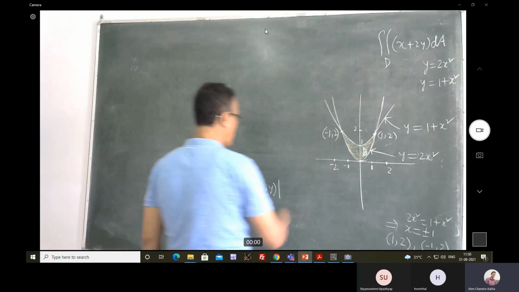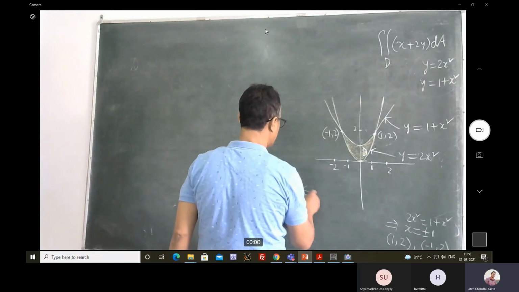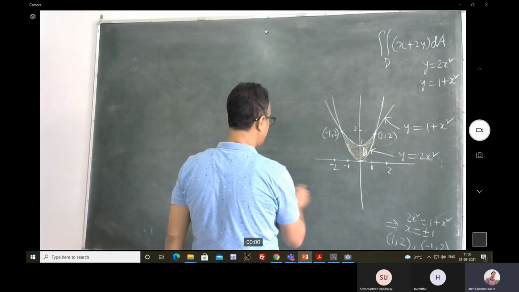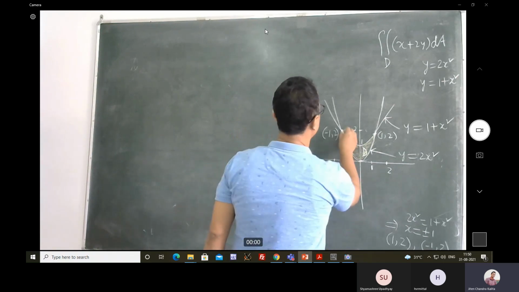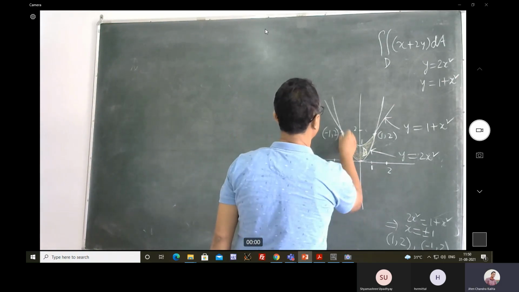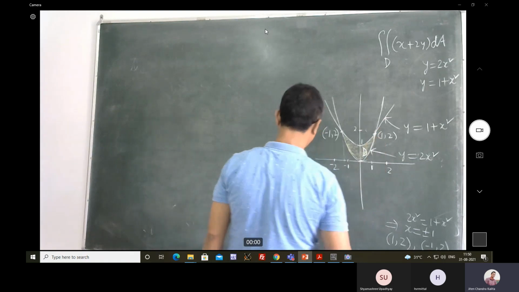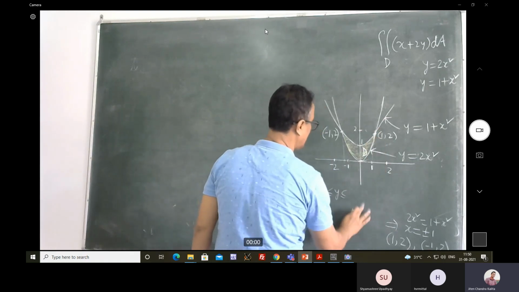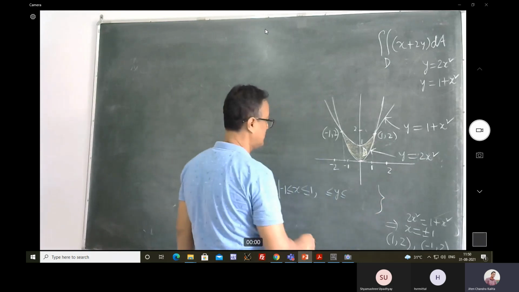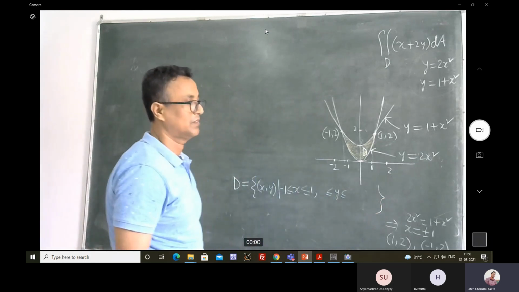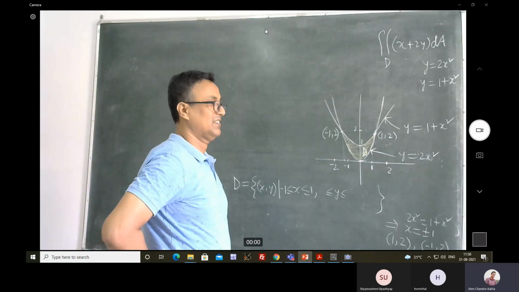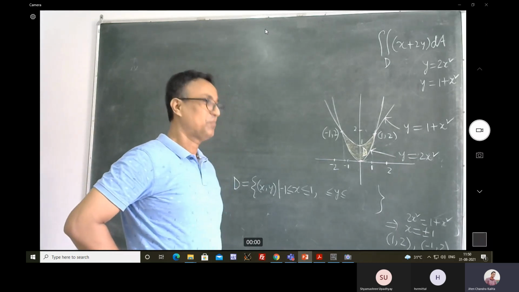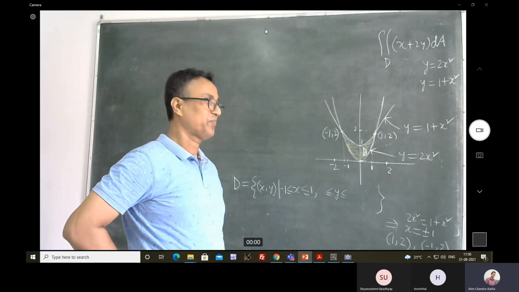So I am going to use this: x goes from minus 1 to 1, and y goes from where to where? Not 0 to 2. You have to express y as a function of x. The y lies between these two graphs.